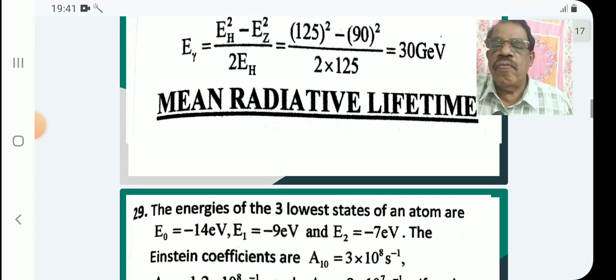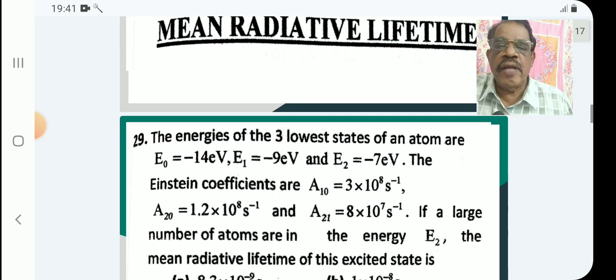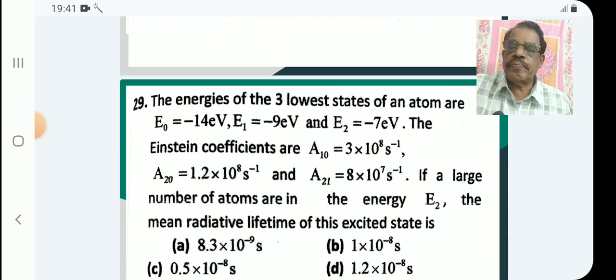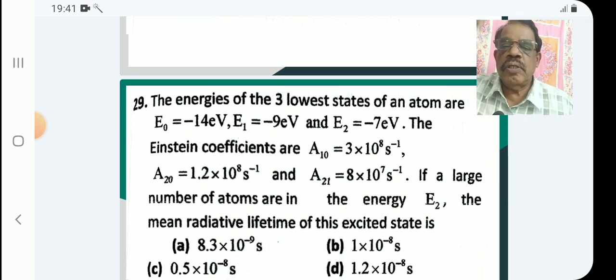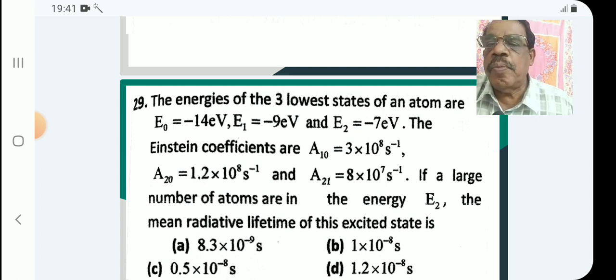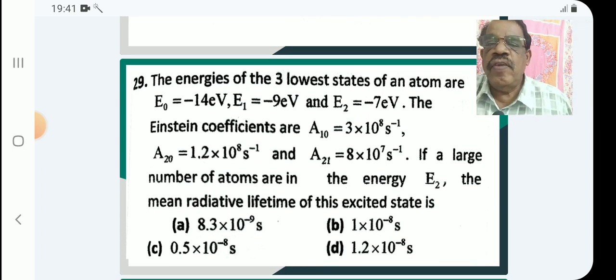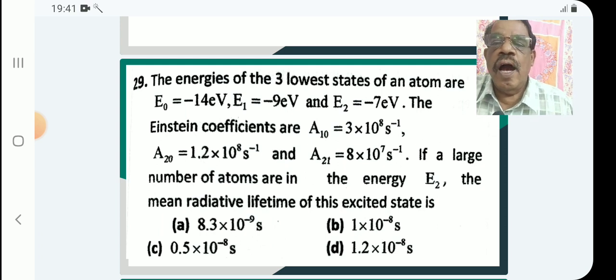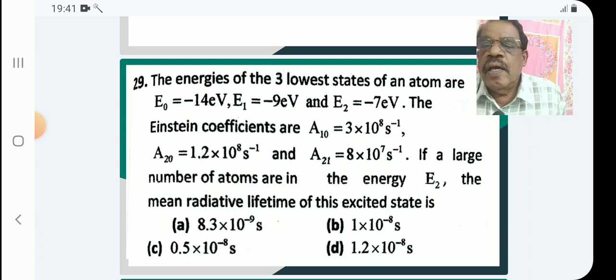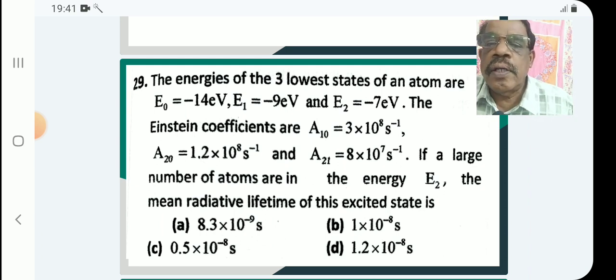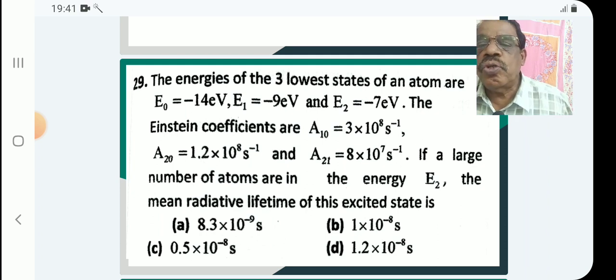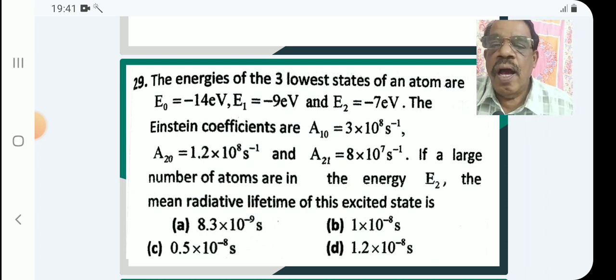Now we see a question on radiative lifetime. The energies of the 3 lowest states of an atom are E0 equals minus 14 eV, E1 equals minus 9 eV, and E2 equals minus 7 eV. The Einstein coefficients are A10 equals 3 into 10^8 s^-1, A20 equals 1.2 into 10^8 s^-1, and A21 equals 8 into 10^7 s^-1.